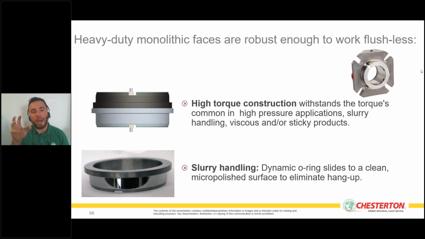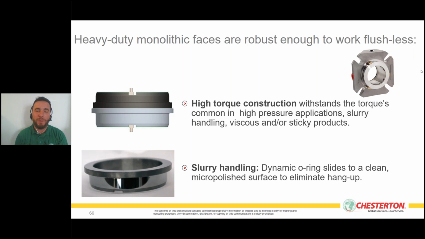So faces with a high torque construction to withstand the torque common to the slurry handling applications, and in the heavy duty seals like the one you see in the right hand corner, so the 1810, 2810 Chesterton new heavy duty mechanical seal, we also create a micro polished O-ring working area on the outside diameter of the seal face.